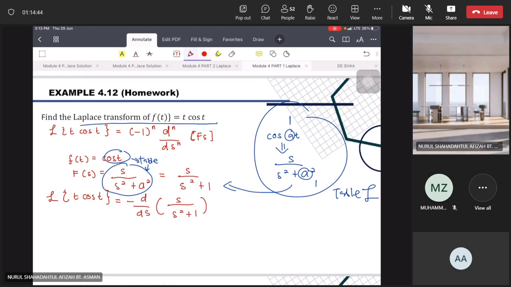Okay, and then just calculate. Negative, you put it outside. s squared plus 1.